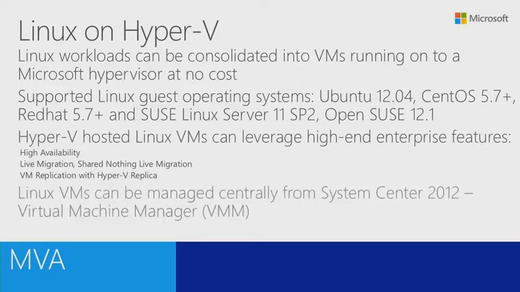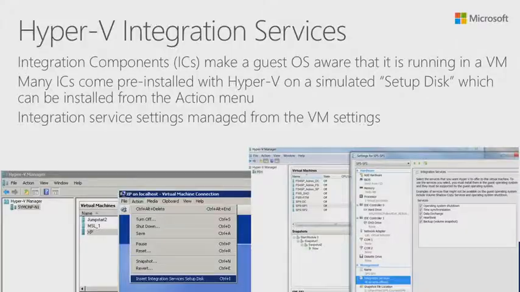So here we have, again, the work we've done, the supported operating systems, Linux on Hyper-V. And by the way, all of the live migration capabilities, failover, all of those just work with Linux guests as well. It's all completely transparent. Now, one of the things you do need to understand is after you install an operating system, there are integration services.